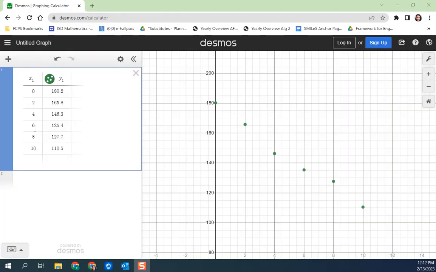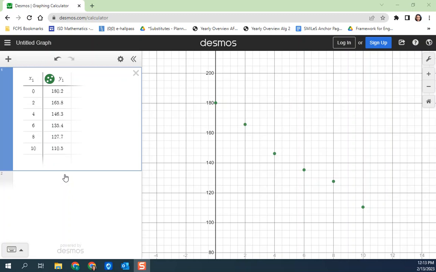All right, so once you have these points in, let's go back and read the context of the problem. A cup of soup is left on a countertop to cool. The table gives the temperature in degrees Fahrenheit of the soup recorded over a 10-minute period using an exponential model. So it's telling us they want us to use the exponential model. Write an equation for the curve of best fit, and then estimate the temperature for 5 minutes.